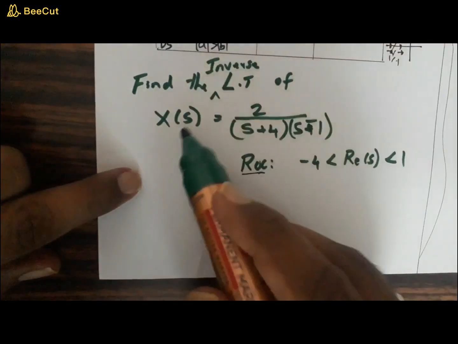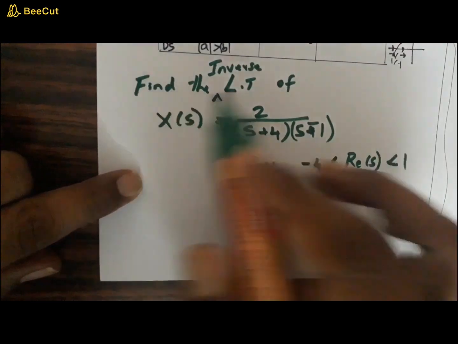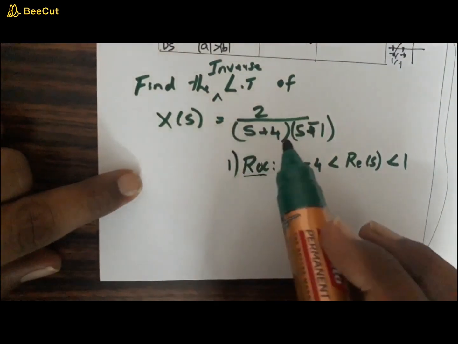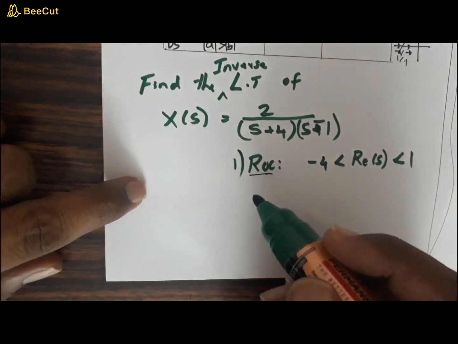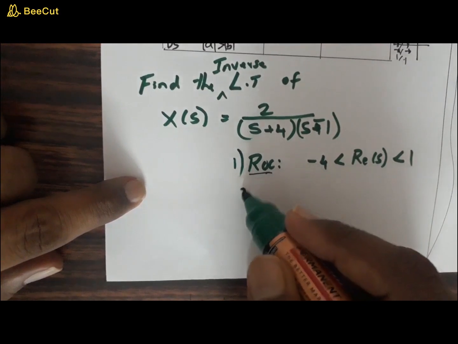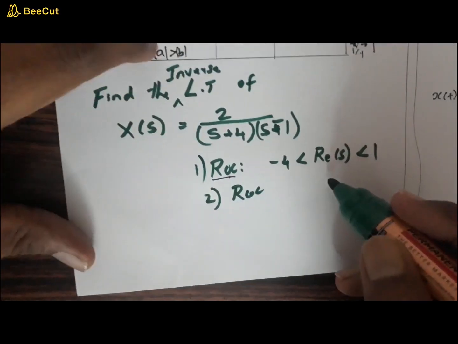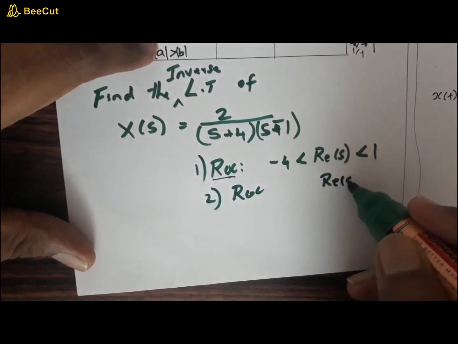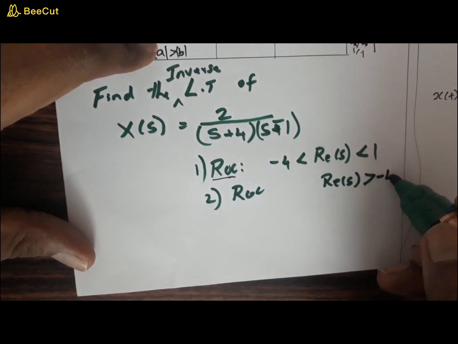Now the next question, you have the same question: find out the inverse Laplace transform of X of s equals 2 by (s plus 4) into (s minus 1), but your ROC is different. Now second case, the ROC is given as real of s is greater than minus 4.